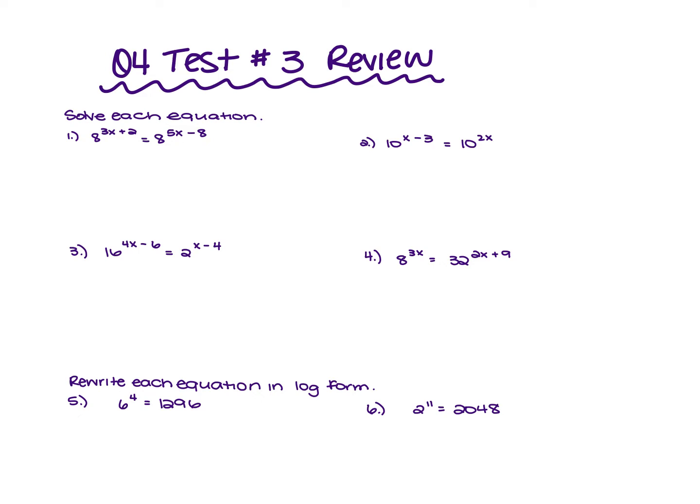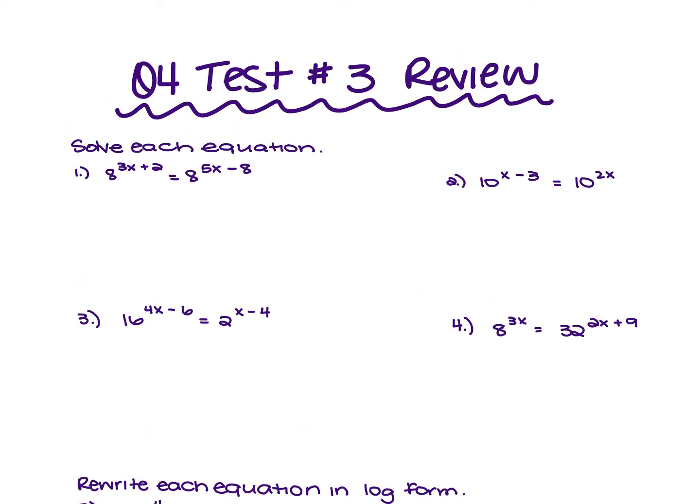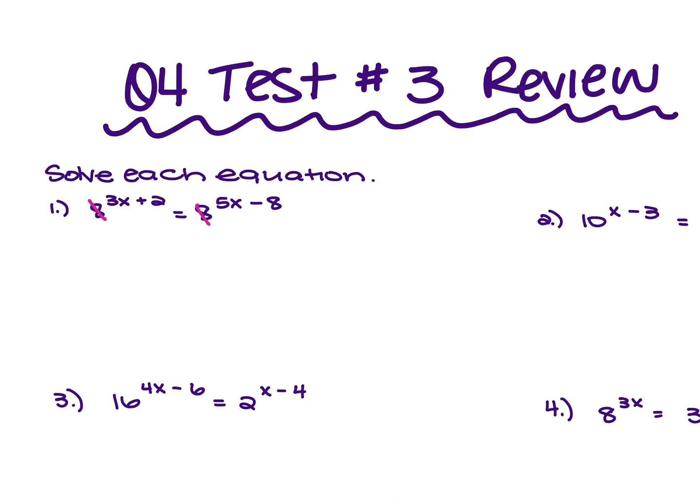So the first one we have is 8 to the power of 3x plus 2 is equal to 8 to the power of 5x minus 8. Because your bases are the same on both sides of that equal sign, you can cancel them out and just work with your powers. So that means it's going to be 3x plus 2 is equal to 5x minus 8. If it was me, I'd start by moving the 3x over, so I'd subtract it from both sides.